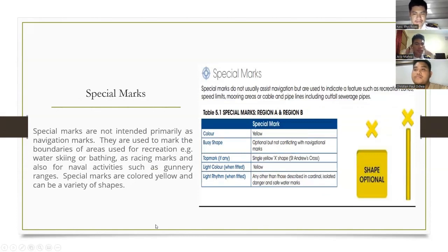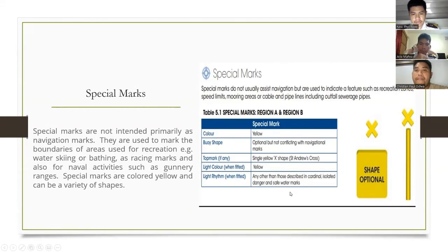Special marks are not intended primarily as navigation marks. They are used to mark the boundaries of areas used for recreation, for example water skiing or bathing, as racing marks, and also for naval activities such as gunnery ranges. Special marks are colored yellow and can be a variety of shapes.